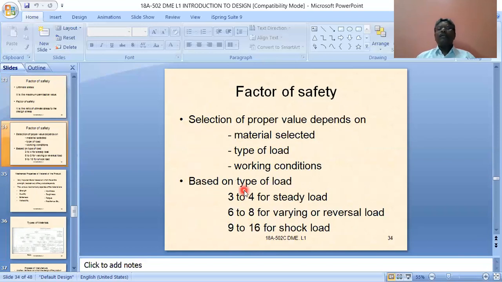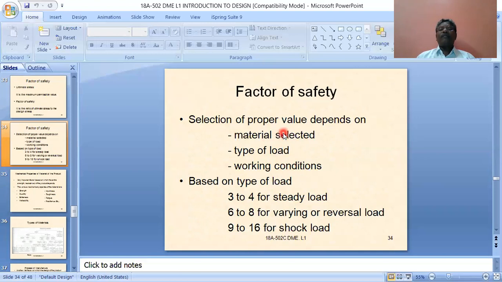The selection of a factor of safety mainly depends on the material selected for manufacturing a component or product, the type of load acting on the component or machine part, and working conditions.